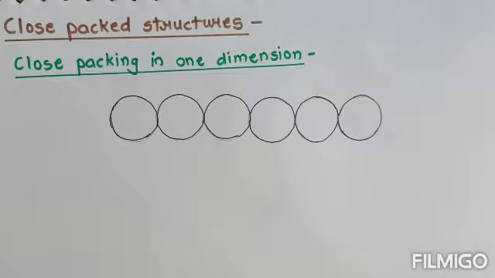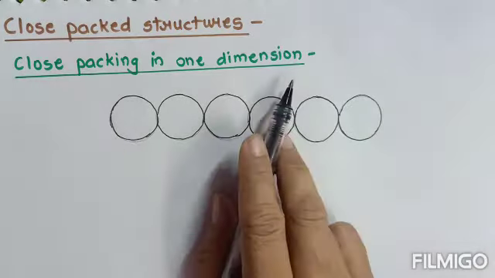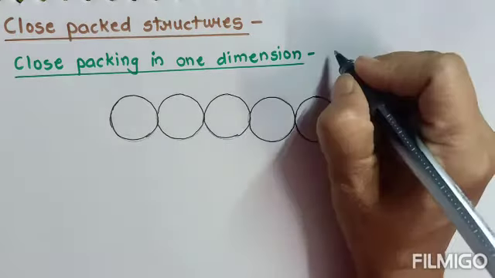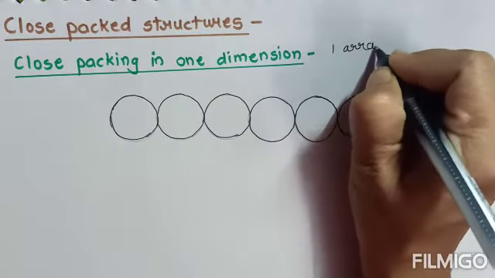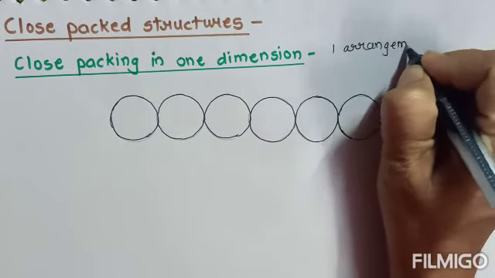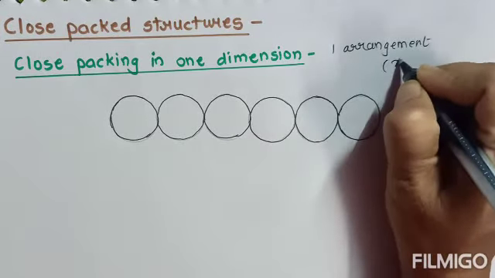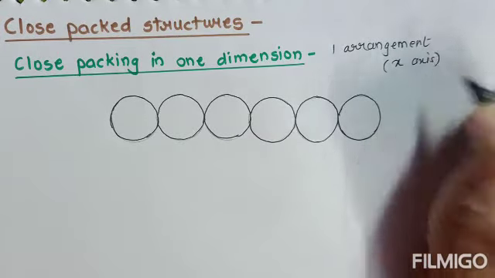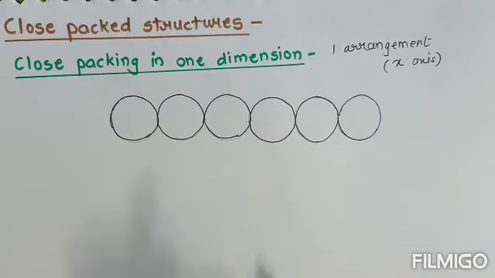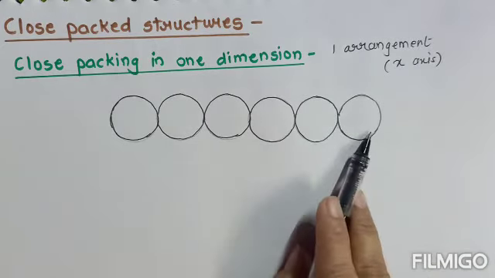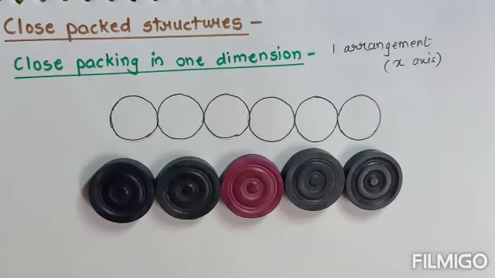So let us begin. Very first we'll study close packing in one dimension. When we are discussing close packing in one dimension, only one arrangement is possible, and that is along the x-axis, or I can say lengthwise. So the particles are tightly packed along the x-axis.